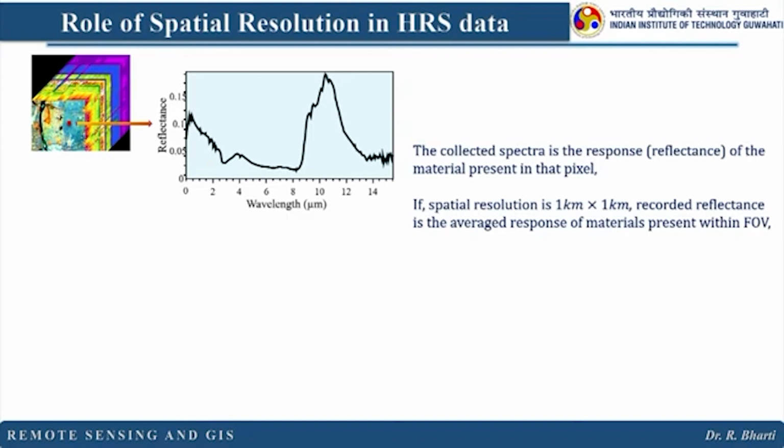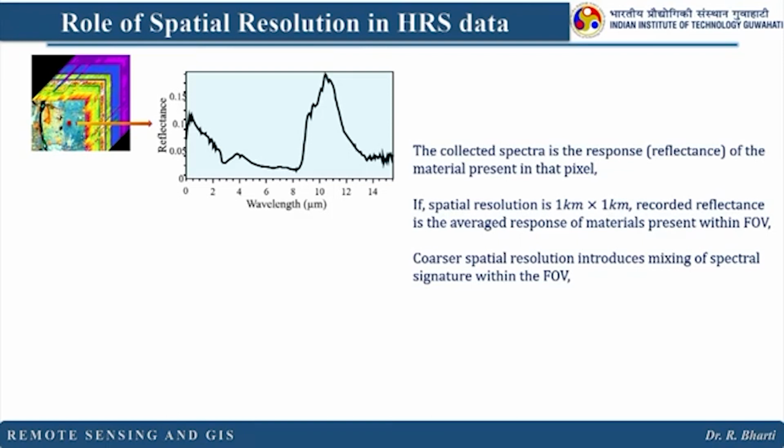So field of view means how much area the detector is seeing on the ground, right. So this is the field of view. For an image the field of view is something different; for a detector we call it IFOV, right. So here the spatial resolution plays a very critical role in hyperspectral remote sensing.